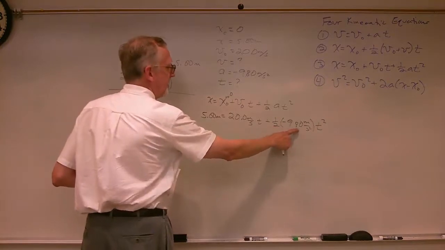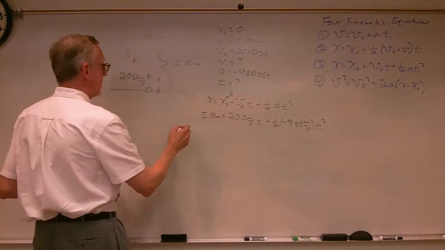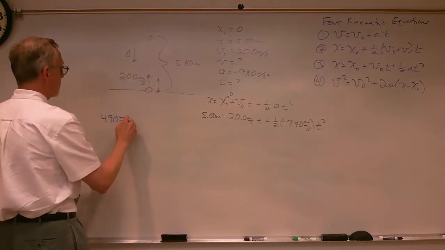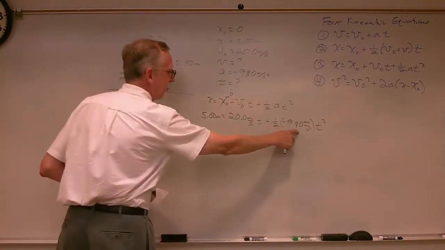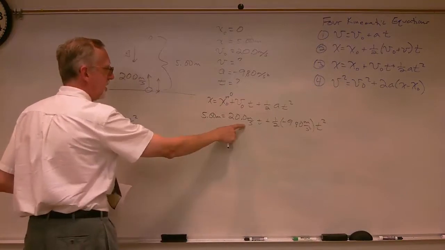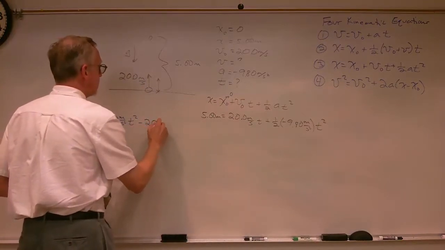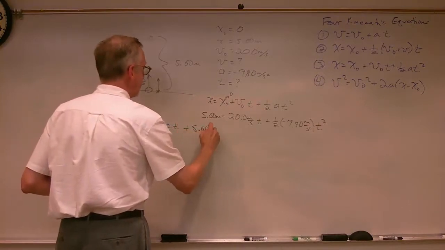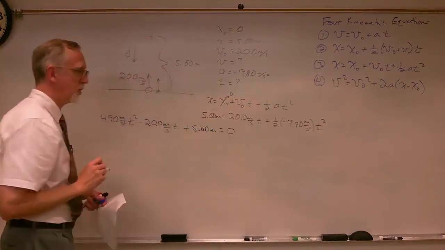I've got 1/2 times 9.8, that's 4.9. So we've got 4.90 meters per second squared, t squared. That's what we get from here when we bring it over to the left side. Then minus 20.0 meters per second t plus 5 meters, and that's all going to equal 0.